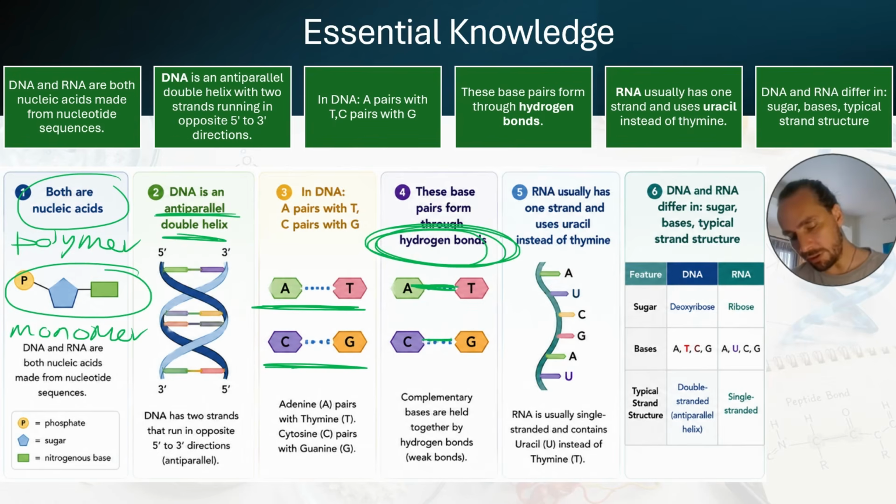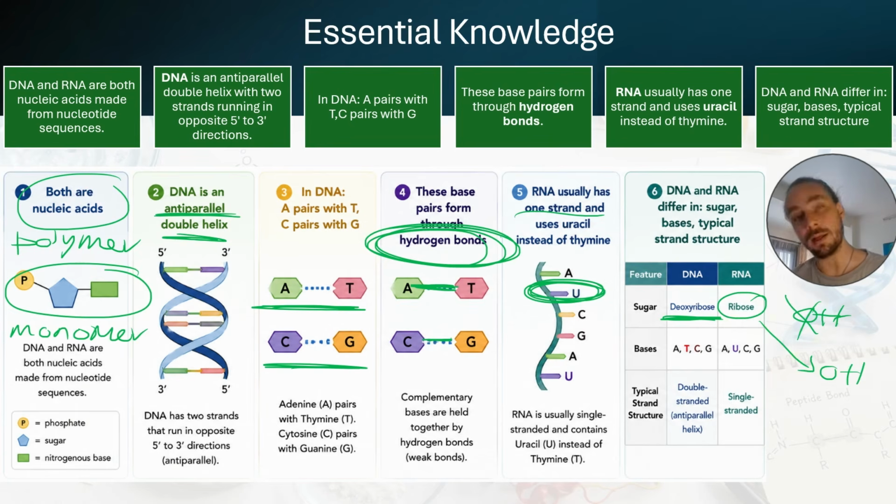RNA usually has one strand and it uses uracil instead of thymine. They're also different in their sugars, where DNA has deoxyribose, meaning that oxygen group has been removed, and RNA has a ribose sugar, so it has that oxygen group. The bases are different, and the typical strand structure is double-stranded for DNA and single-stranded for RNA.